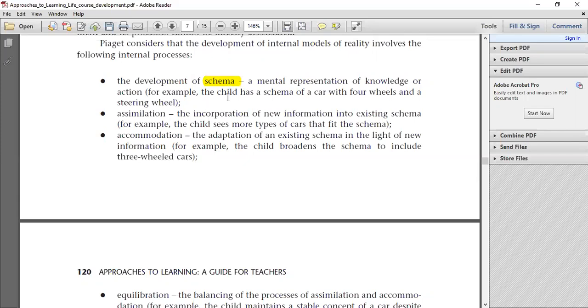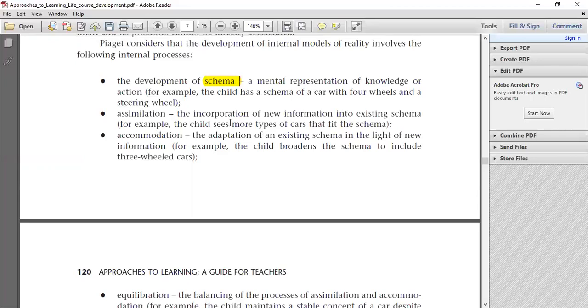So the schema is a file that our brain creates when we see something. And I gave an example of a table. Mostly, children see a table which is rectangular. Now we have round tables as well, right? We have triangle tables, and by putting together 2 or 3 triangle tables, it might become a rectangle or a square.